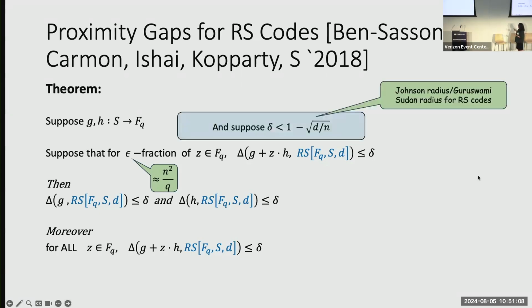And what is the delta that we can take? We can show this for all values of delta up to the Johnson radius for Reed-Solomon codes. So for all delta all the way up to 1 minus square root of the rate rho, or 1 minus square root of d over n, such a statement holds.